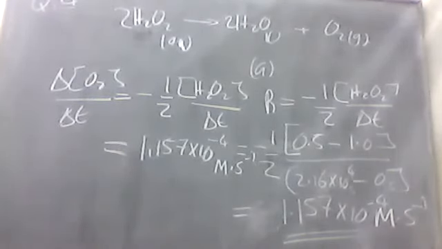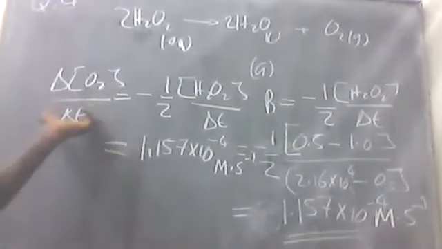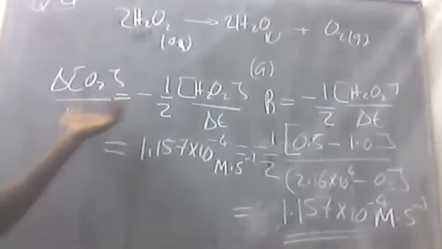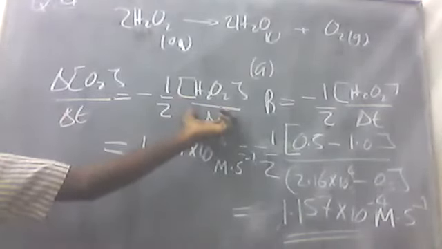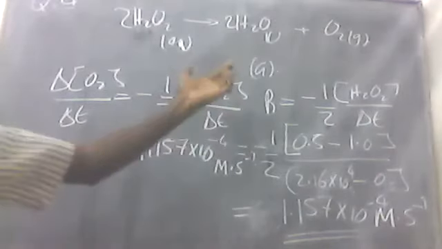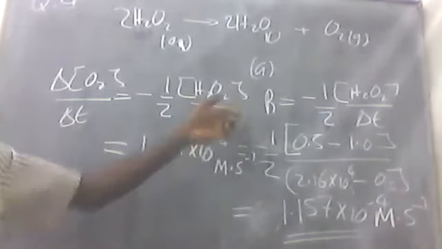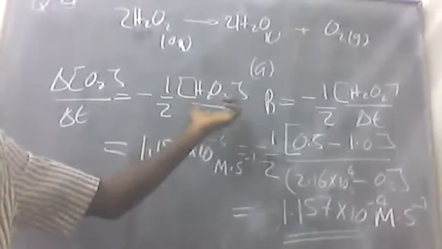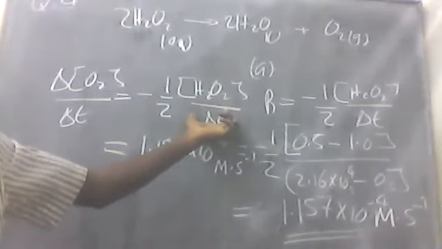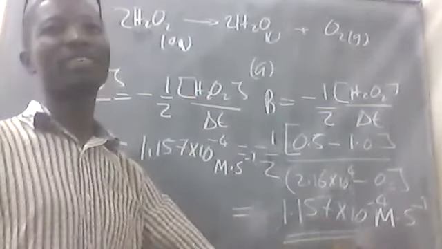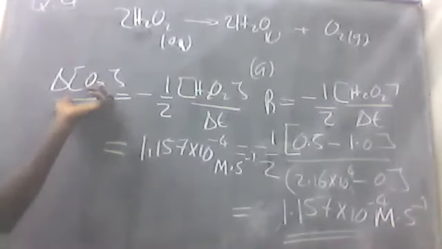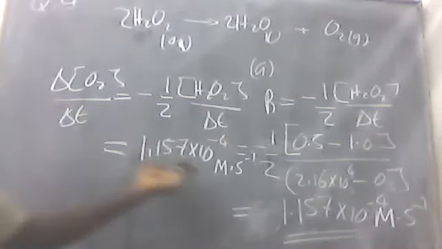So you're saying this is the rate of formation of oxygen, and the rate of formation of oxygen is equal to the rate of decomposition of hydrogen peroxide, which is this value we found here. So if the rate of formation of oxygen is equal to the rate of decomposition, then the rate of formation of this is equal to the same value.